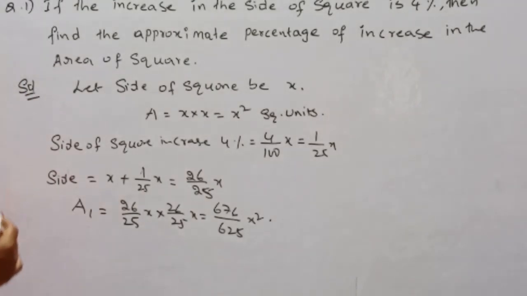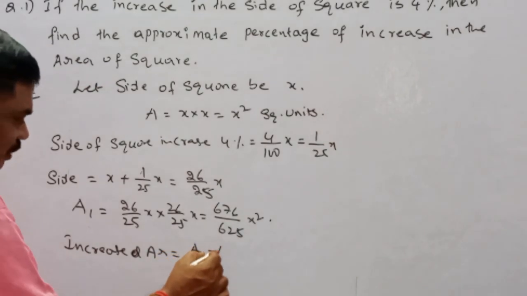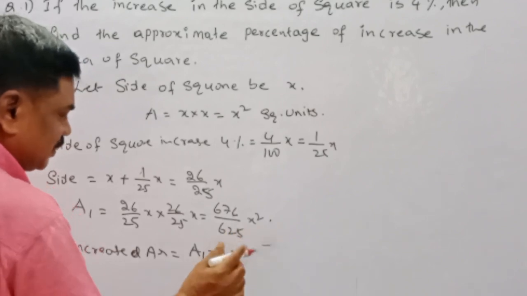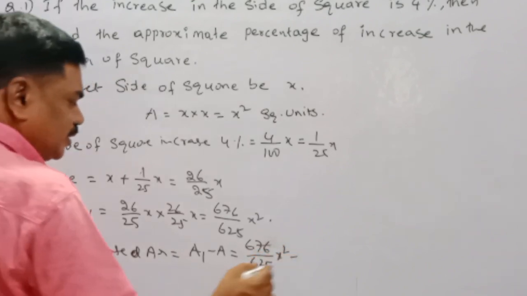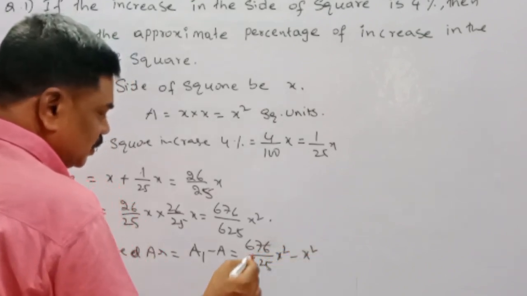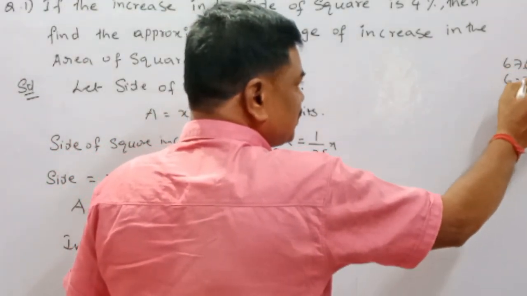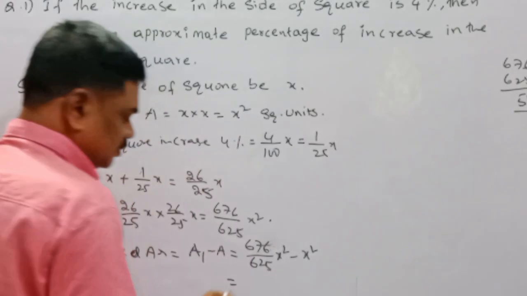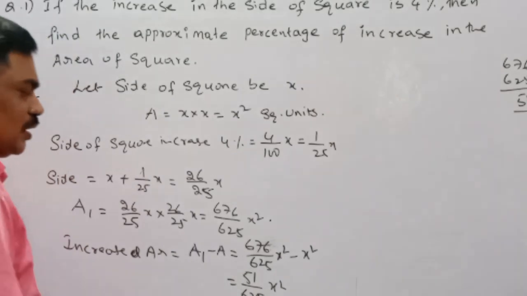So the increased area is equal to A1 minus A, that is 676 by 625 x square minus x square, which is 676 minus 625. 676 minus 625 is 51. So 51 by 625 x square is the increase.